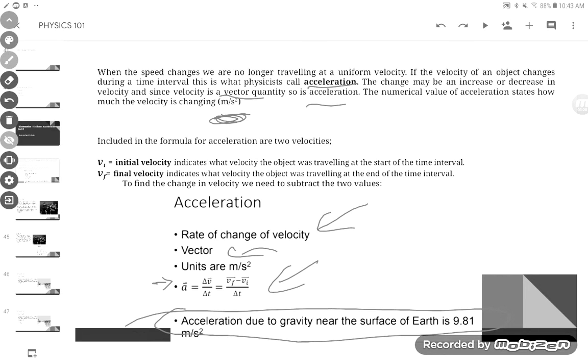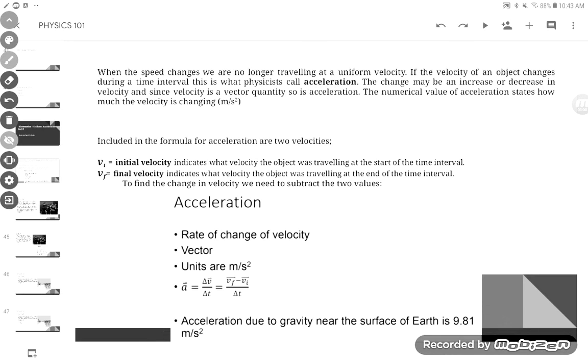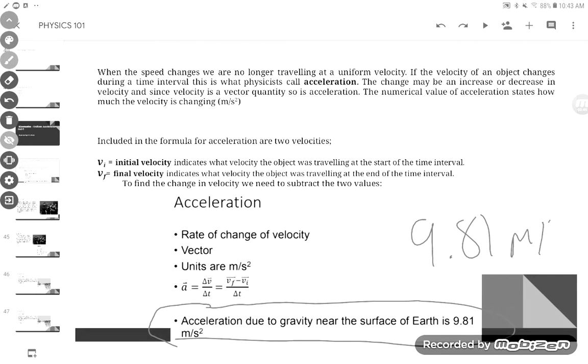There are going to be some questions you get that look like you don't have enough information to answer, and it'll be about an object falling. This is a piece of information you must always remember moving forward. The acceleration due to gravity is 9.81 meters per second squared.